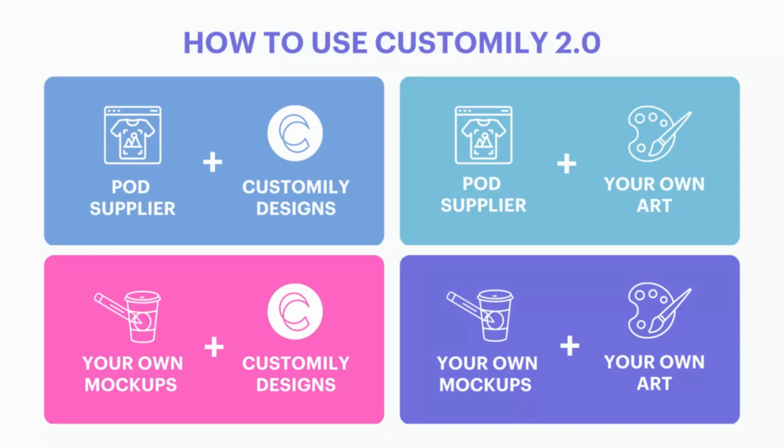But also we are going to create our own products on a base because we want to fulfill those on our side and we want to apply many designs to them later. So we're going to create a product mockup, a product base, and we're going to have a design that will apply to a couple of different products. And you will see how fast it is to use Customily 2.0 for those kind of tools.